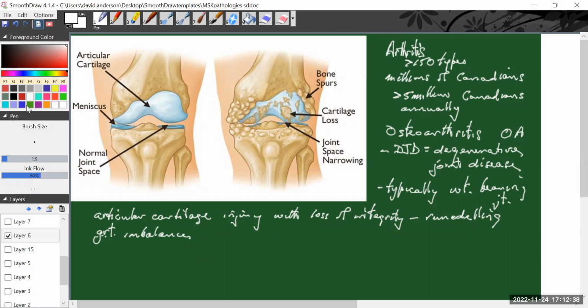In this nice picture here, the lines of force are pretty uniform. They go down the center of the joint, and the weight is distributed evenly. But here we've got a reduced joint space on one side and an increased joint space on the other. So we're going to grind on this side. You see this change in shape of the bone.